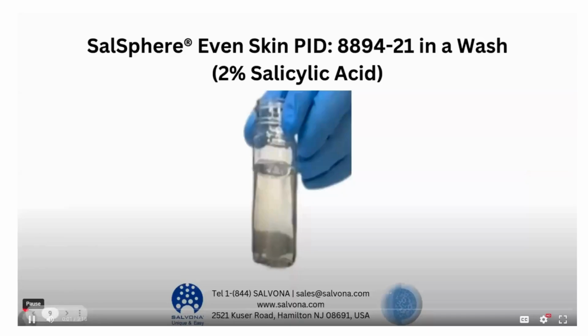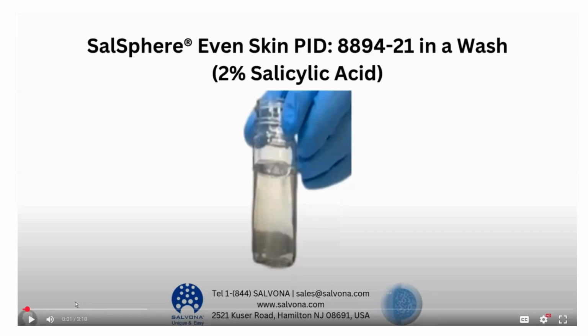So here we're going to talk a little bit about the ease of use for formulation. And this is a video showing how to use SalSphere Even Skin in a wash. The benefit of using it in a wash is that it is intuitively a rinse-off. However, this can be used to exfoliate dead skin from around the body or the face to rejuvenate and allow that younger, newer skin layer to really thrive.